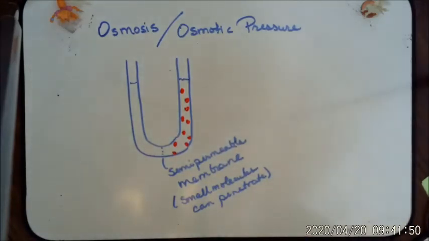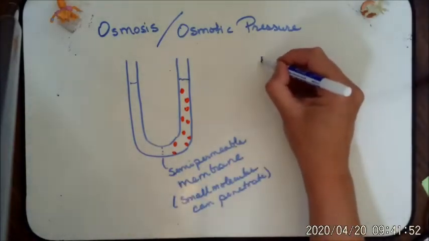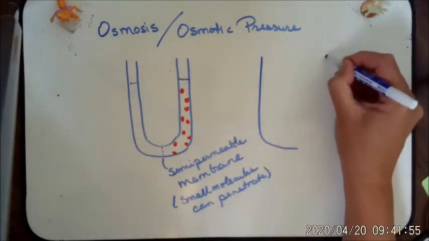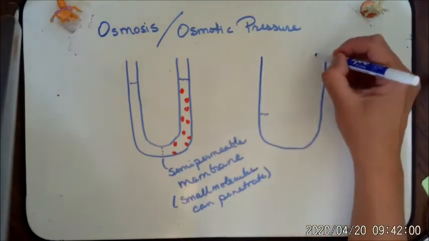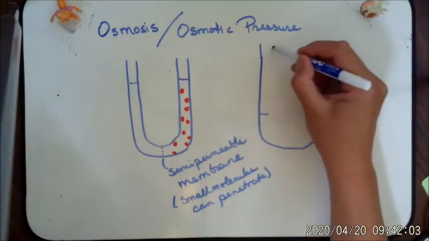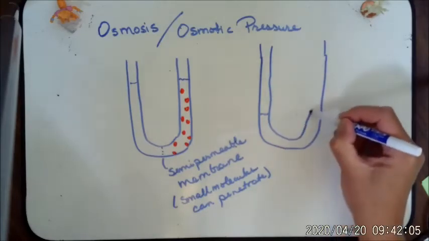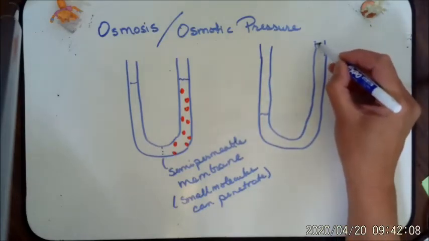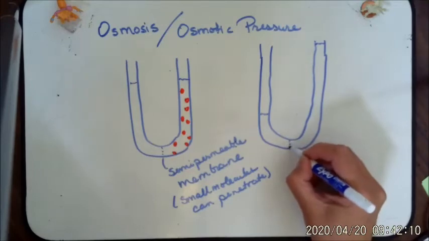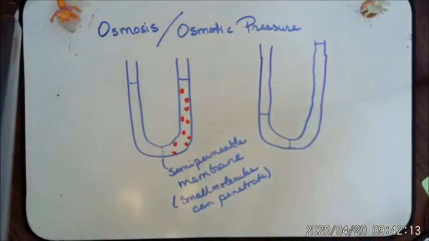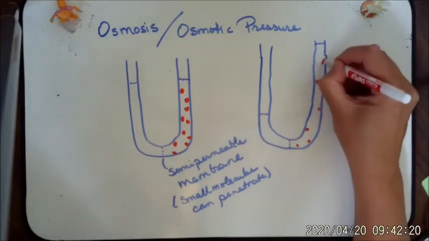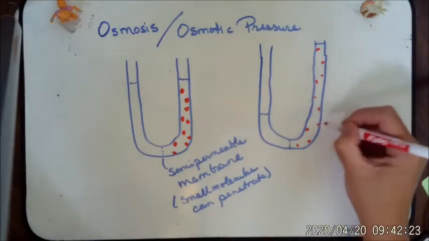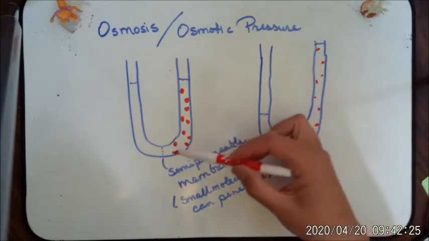And it's that restriction. So what happens is that your water is going to go through that membrane, a little taller, to try its best to dilute out, and you can see that it has diluted out.